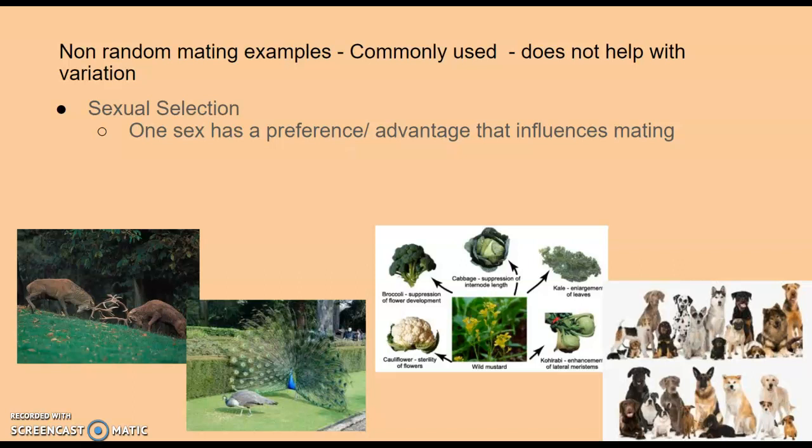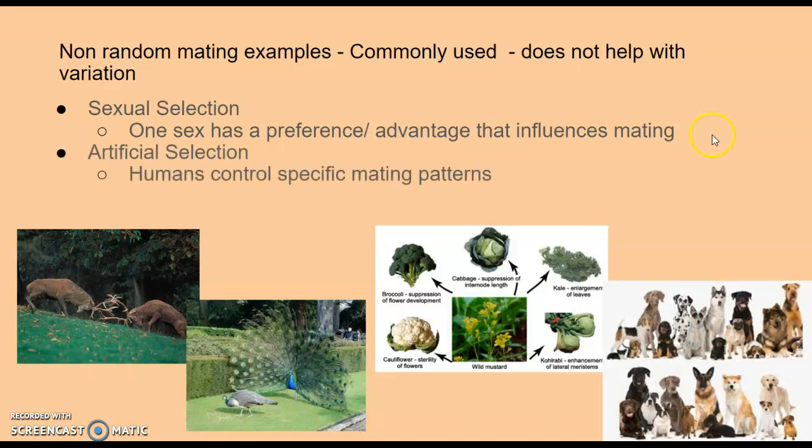Another way that mating cannot be random is through artificial selection. We kind of already talked about this one, right? We talked about the dog example where humans are manipulating their traits. It is definitely not random. Humans are controlling what goes with what, so it's decreasing variation, right?